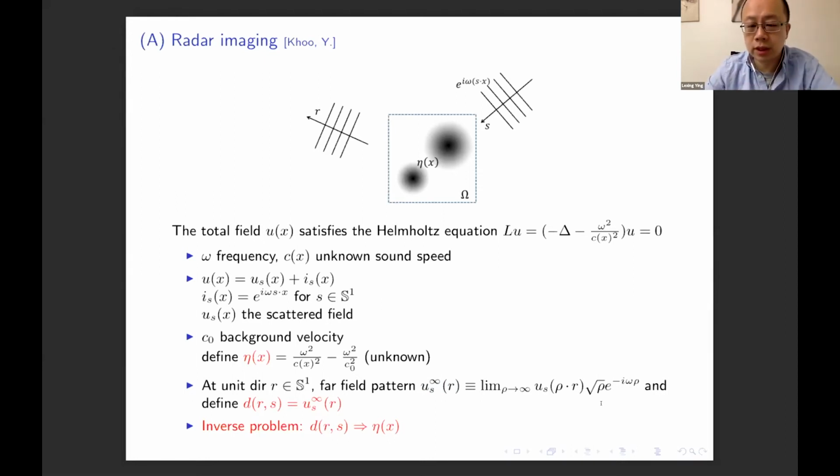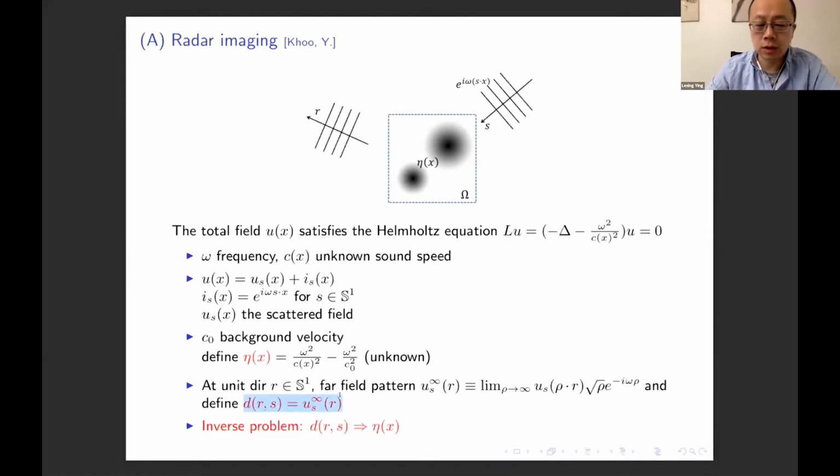Then you take your scattered field at this location moving to infinity, but rescaled by the square root of rho and also rescaled by a phase function, appropriately. Even though the scattered field itself is going to oscillate quite a bit, this far field pattern itself is well defined, and it goes to a fixed constant as you move to infinity in a certain direction r. So this is my data.